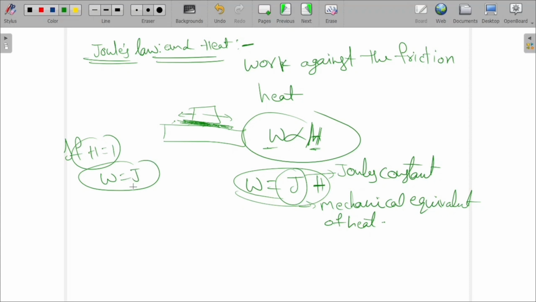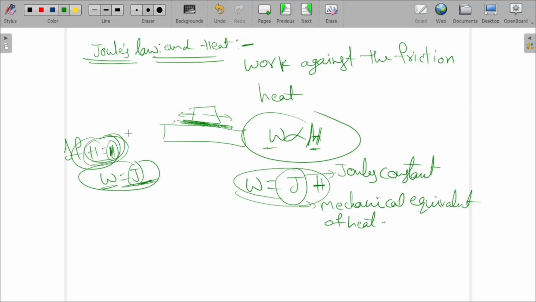So from this, what can we define? Joule's mechanical equivalent of heat is defined as the amount of work required to be done to produce a unit quantity of heat, that means the heat will be 1.